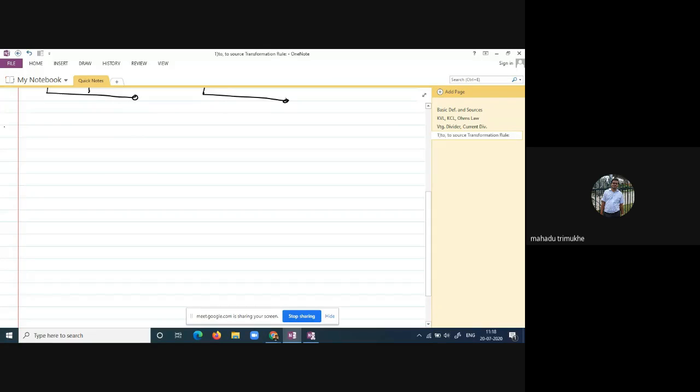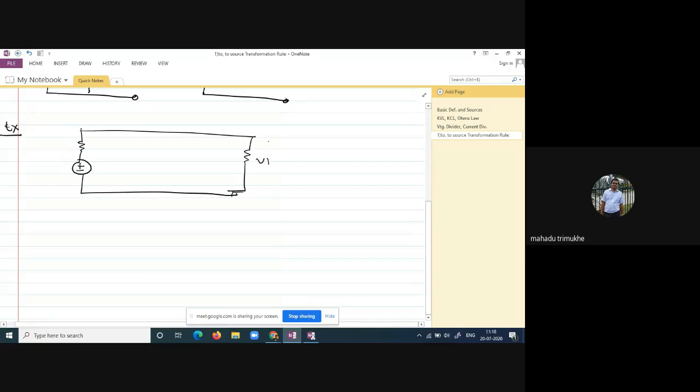Suppose, an example. I took a simple example of the source transformation rule. Here you have V1, here a 1 ohm resistor, and here a 6 volt voltage source.